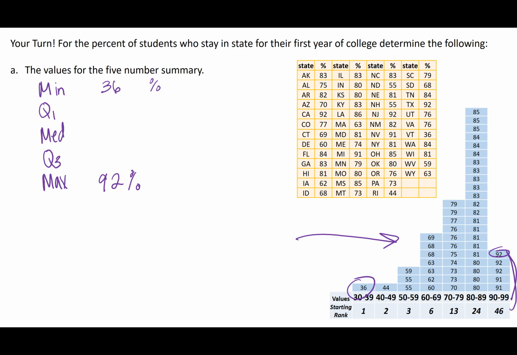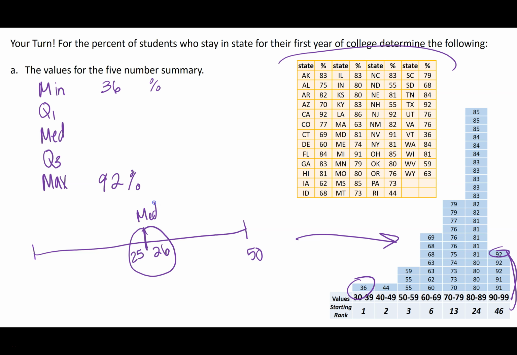So finding the others might be a little bit trickier. Things to consider: this is out of 50 states. For me, I'm really visual, so if I have all the way through 50 and I want to split it in half, that means I need 25 on both sides. So observation 25 and observation 26, when they're in order, we would average these two to get our median.